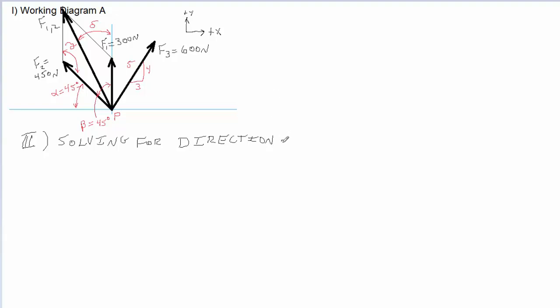And I'm solving for direction delta, and I'm going to use the law of sines. As you'll remember, the law of sines says the sine of an angle divided by its side inside a triangle equals the sine of another angle divided by its side.